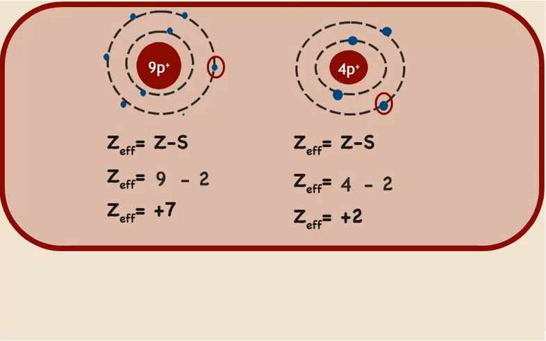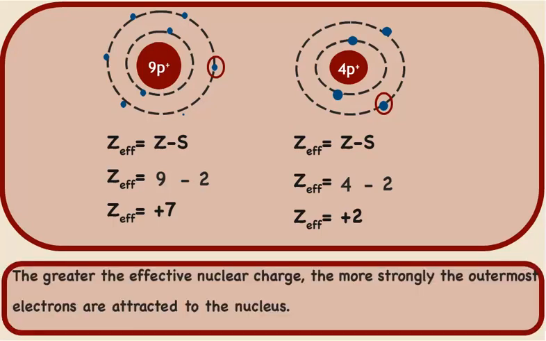Again, it means the nucleus pulls the outer electrons with a charge of plus 2. These numbers show us how strongly the outermost electrons are pulled by the nucleus. We can say that the greater the effective nuclear charge, the more strongly the outermost electrons are attracted to the nucleus.